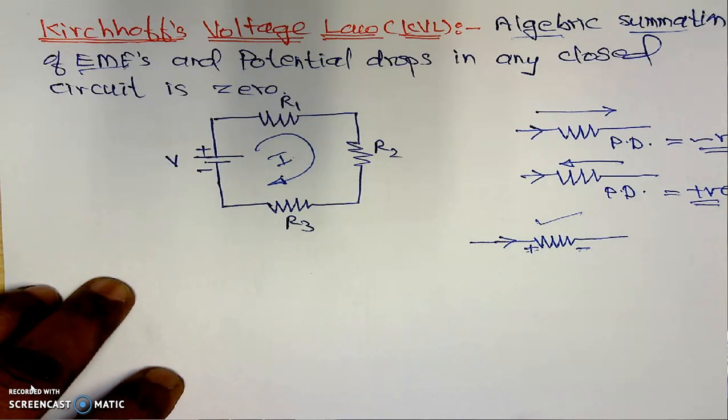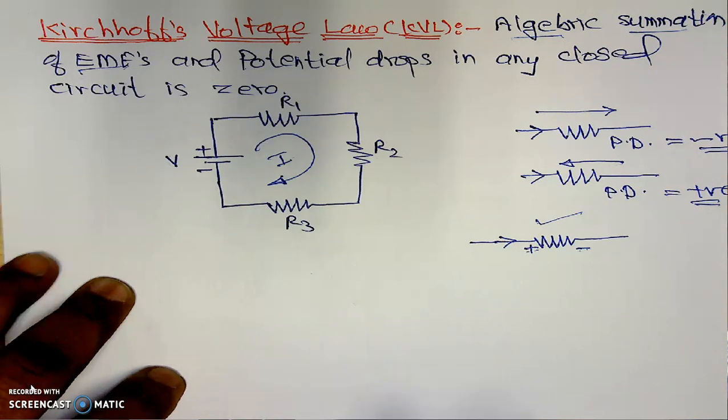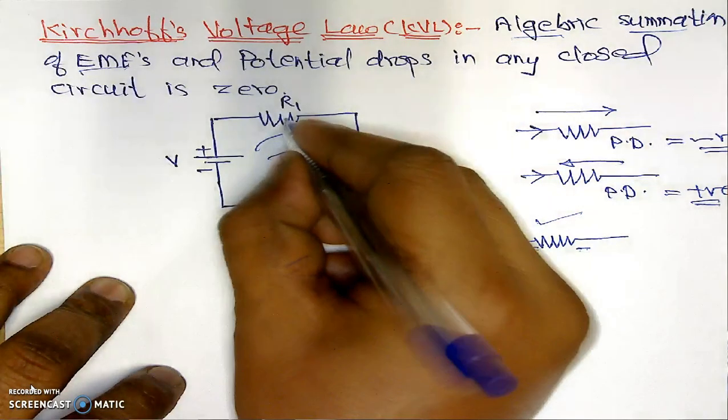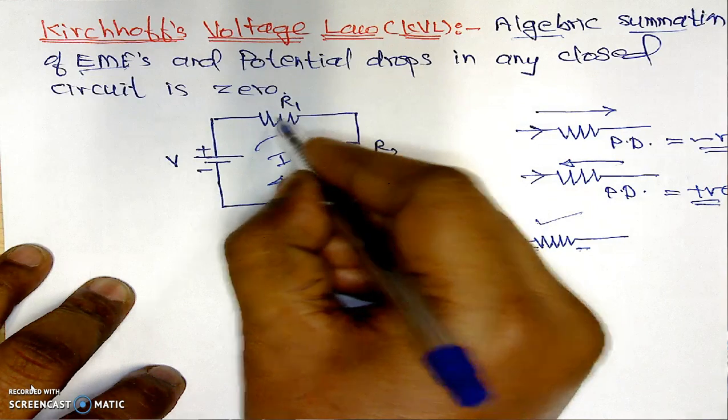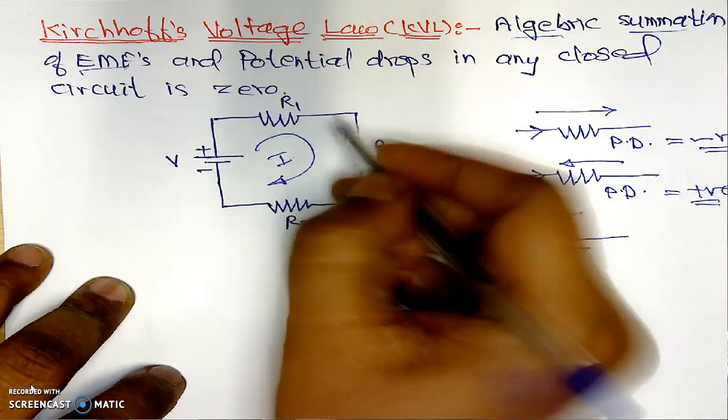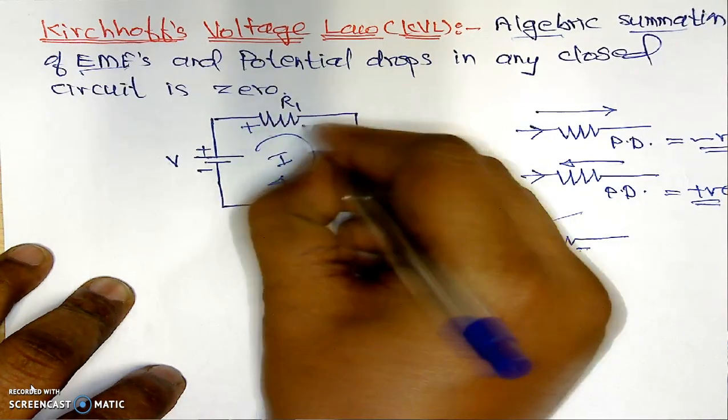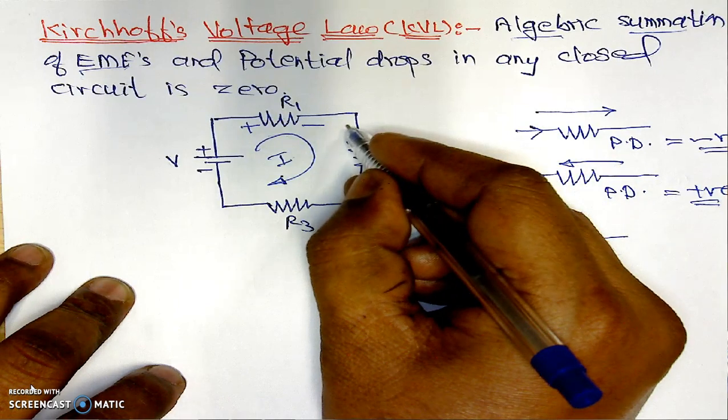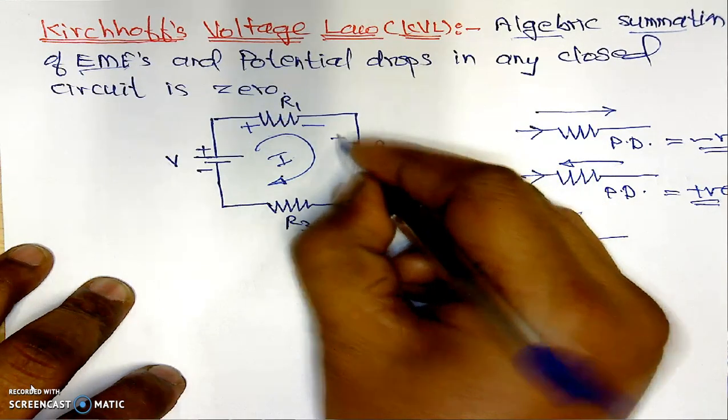Now, mark the polarities depending on the assumed direction of the current. Here the assumed direction is clockwise, so the current in resistor R1 is forward, so it will be plus and this is minus. For resistor R2, the current is flowing in the downward direction, so it will be plus and minus.